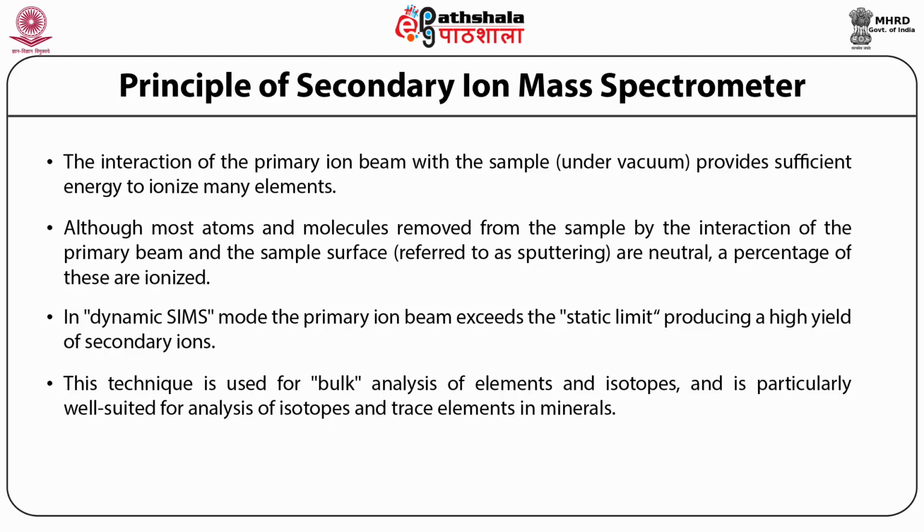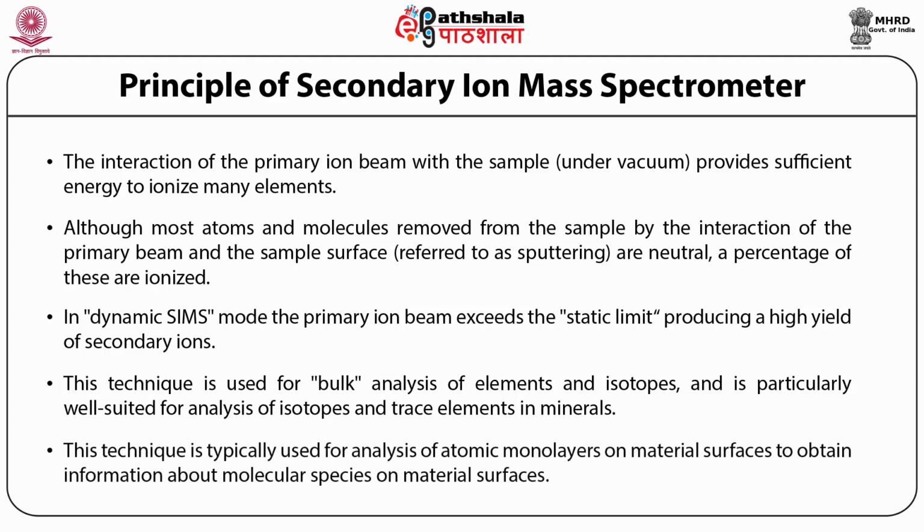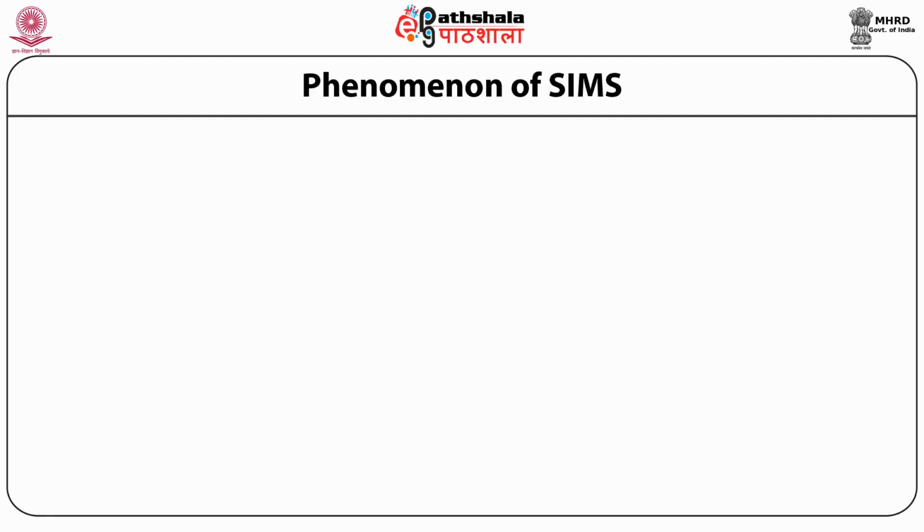Alternatively, static SIMS uses a much lower energy primary ion beam. This technique is typically used for analysis of atomic monolayers on material surfaces to obtain information about molecular species on the material surfaces.